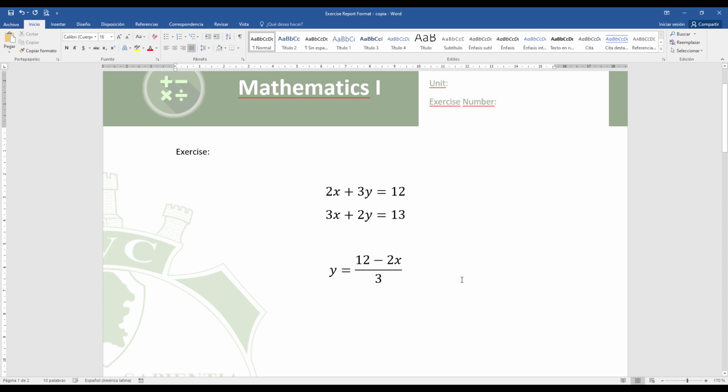Now if I isolate the y in the first equation, I will substitute that value in the second one.